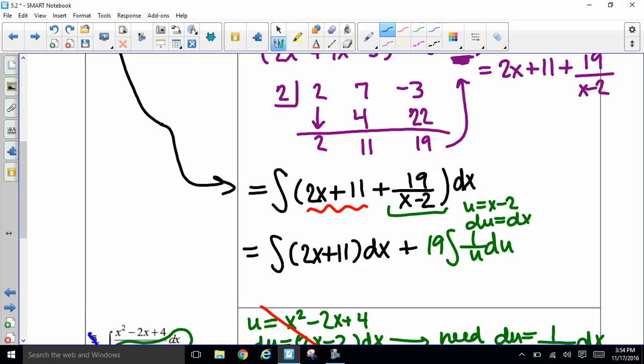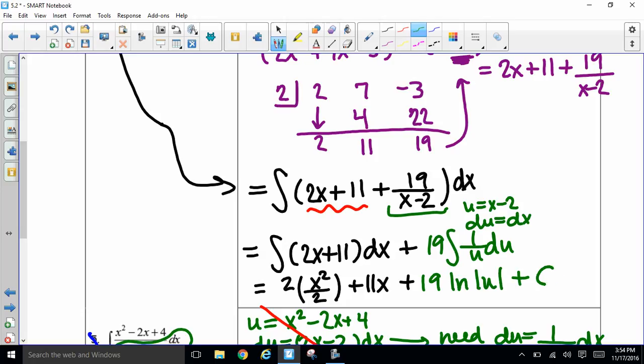Okay, so I integrate the 2x, get 2 times x squared over 2, plus integrate the 11, get 11x, plus, I would do a plus c, but I'm just going to keep integrating. So plus 19 times natural log absolute value of u. Then I'm going to do my plus c.